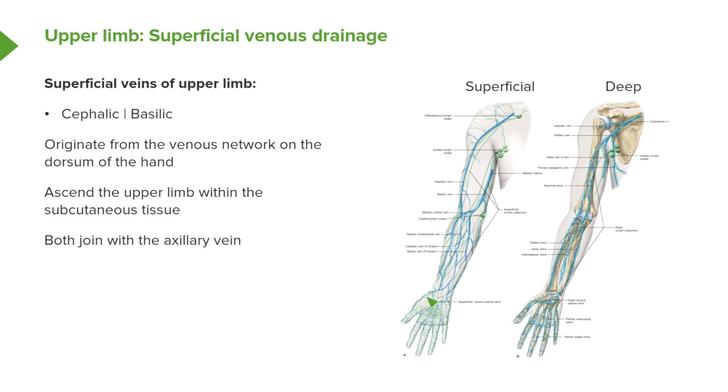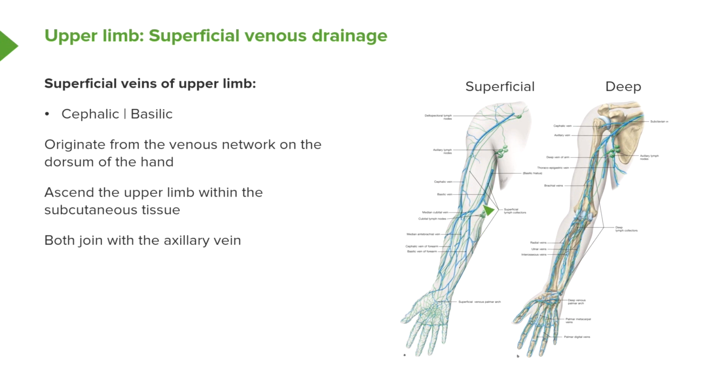So this is the palmar surface of the hand. On the dorsum, which is the posterior surface, we have what's known as a venous network. And this venous network gives rise to the cephalic and to the basilic veins.